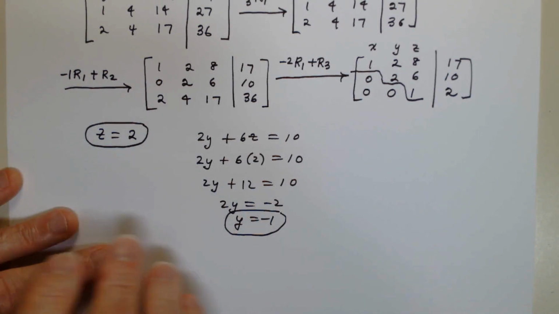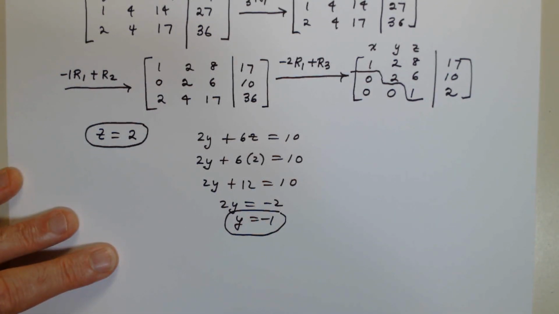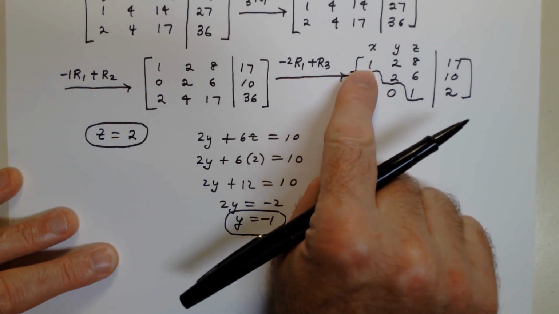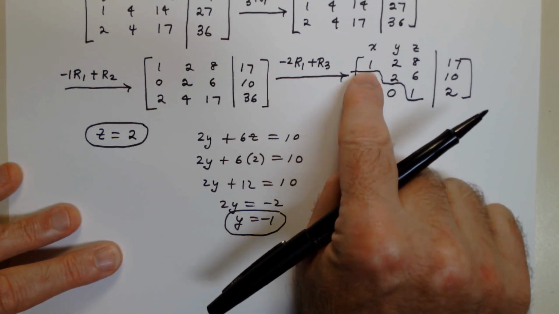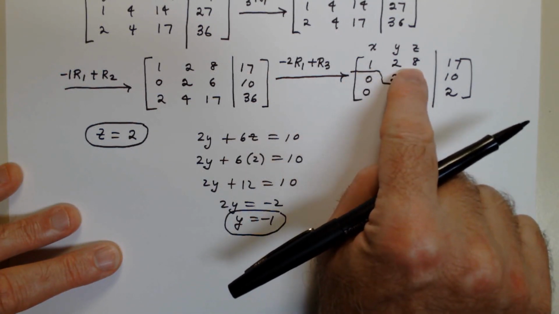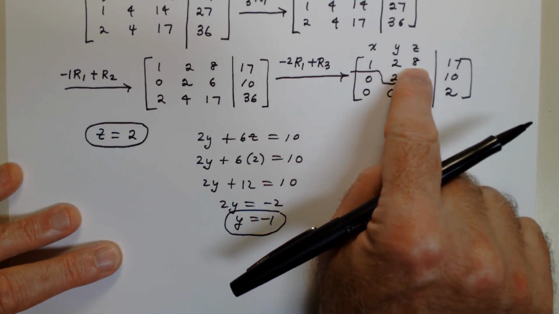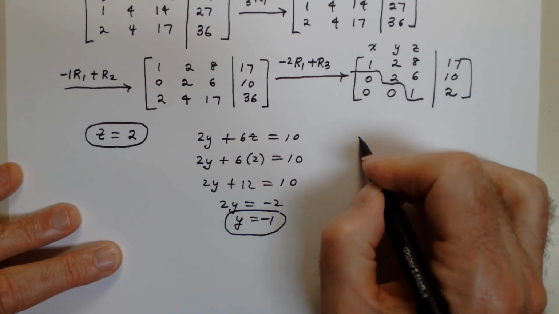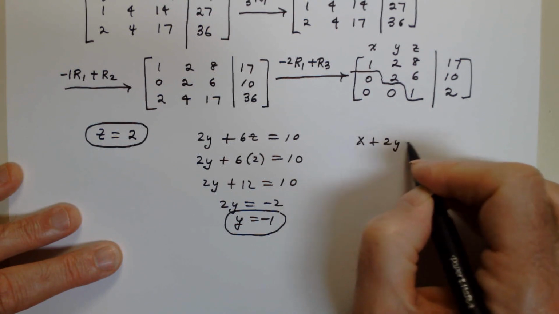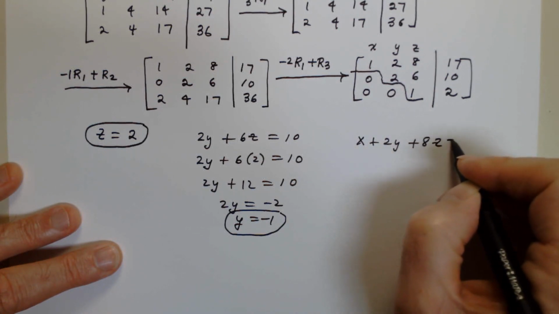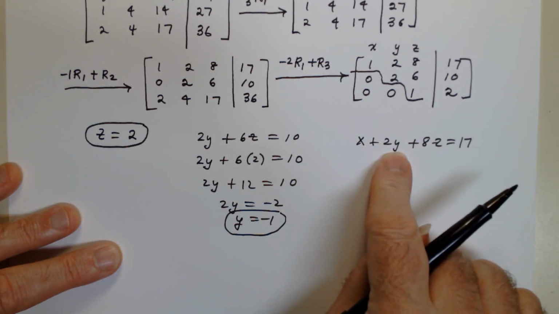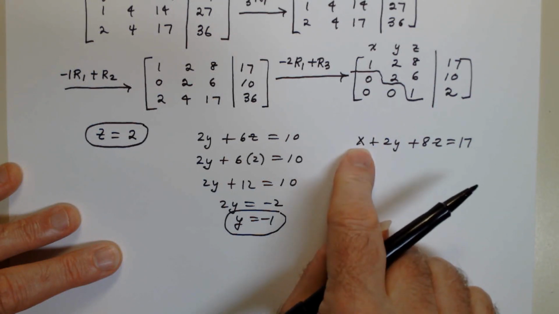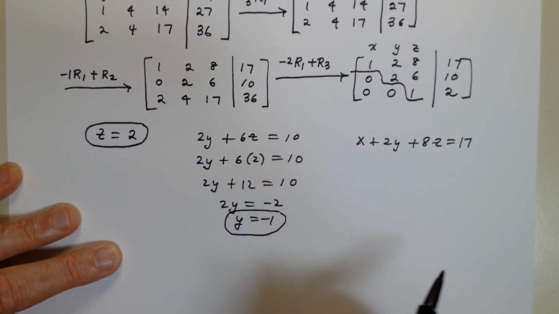Okay, now I've got values for y and z, and now I can go back to equation 1, which is giving me x, y, and z, so x plus 2y plus 8z equals 17. But now I have values for y and z, so I can finally solve for x through this process of back substitution.